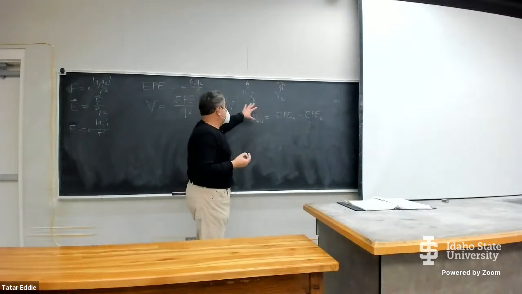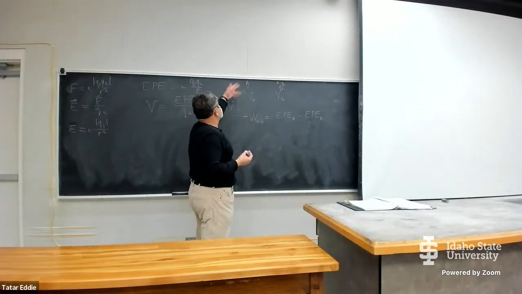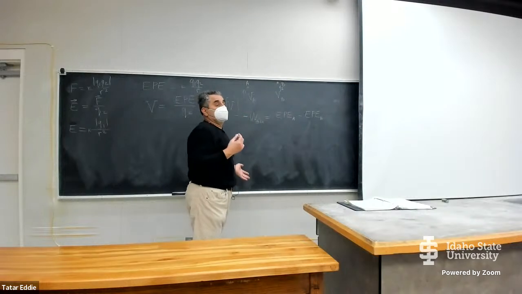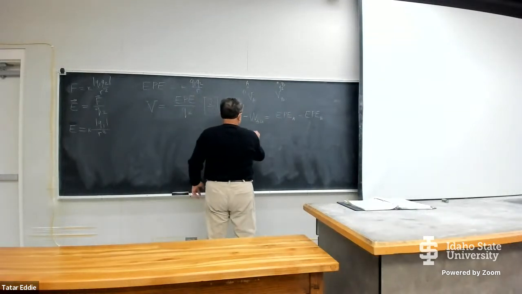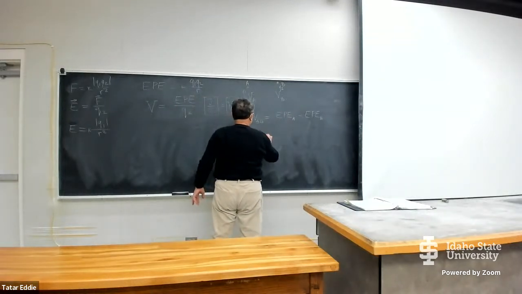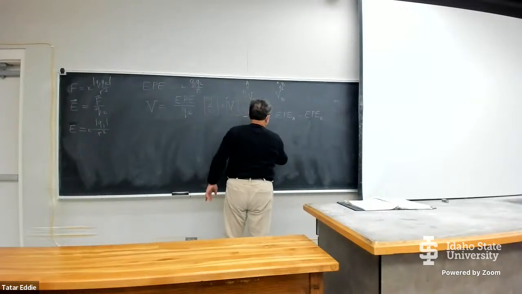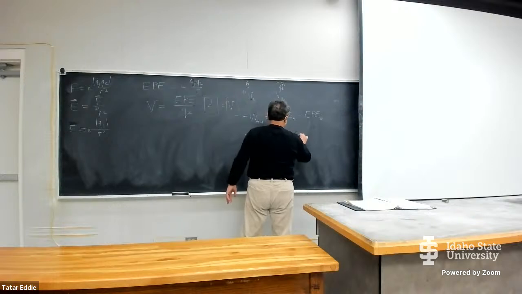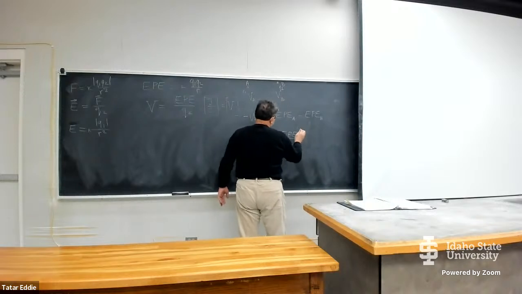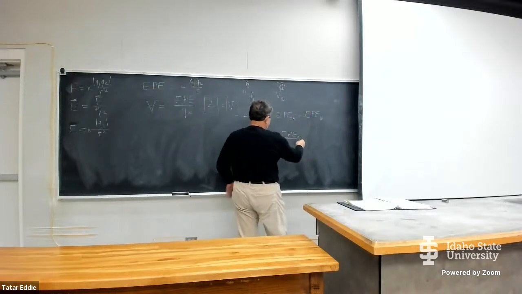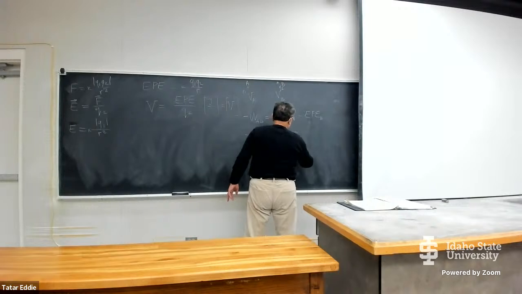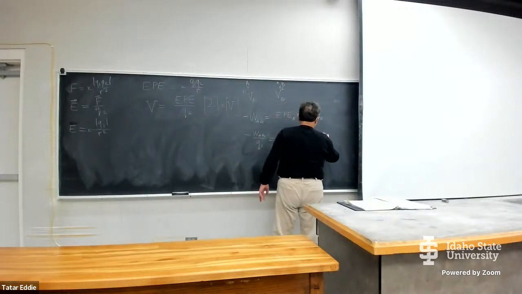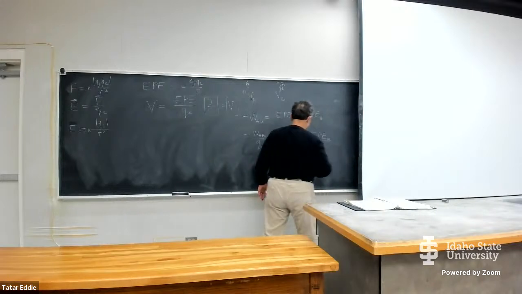Now divide both sides of this expression by the value of the charge, let's say Q1. And you're going to get work divided by the charge is equal to electric potential energy at configuration A divided by the charge minus electric potential energy at configuration B divided by the charge.